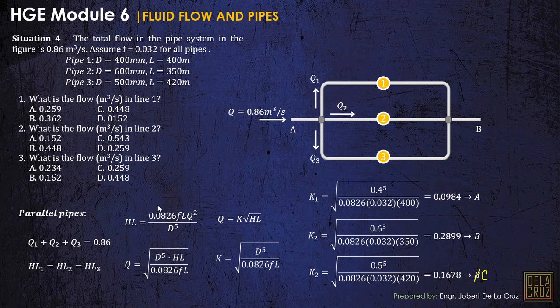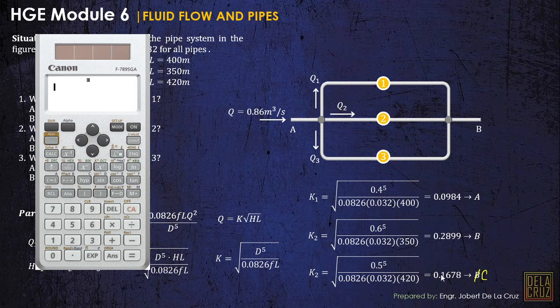Okay. Gamitin natin yung calculator. For pipe 1, mas madali siguro if i-variable ko siya, edit na lang tayo. 26F. Ang F natin is constant naman.